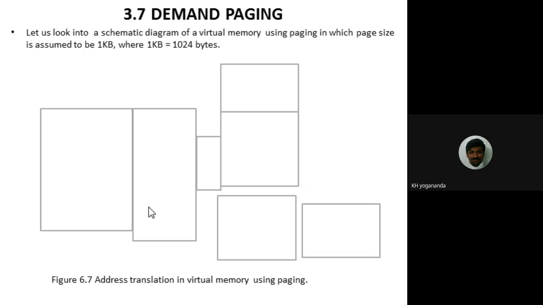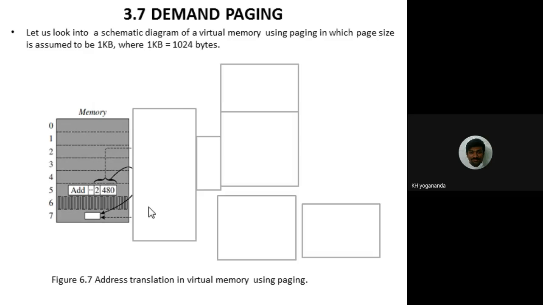Here, address translation means we are considering the logical address space, that is in the pair (pi, bi). If you see, there is a memory of 8, and in the fifth area you can see the instruction add. In the instruction it is divided into squares: add is one square, 2 is one square, and 480 is one square.